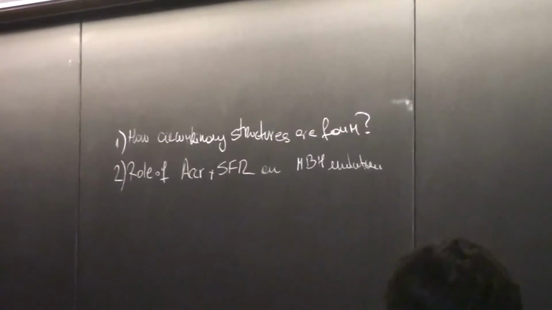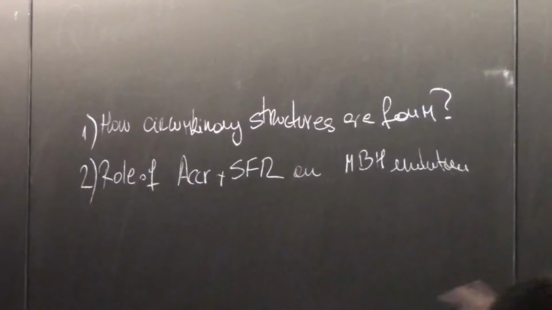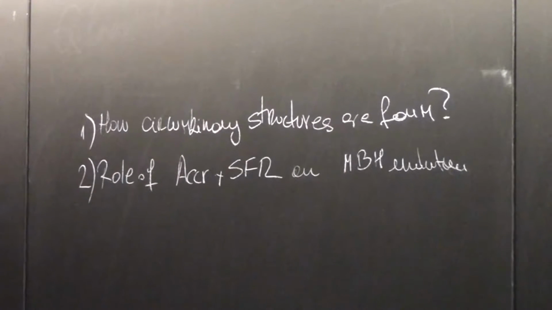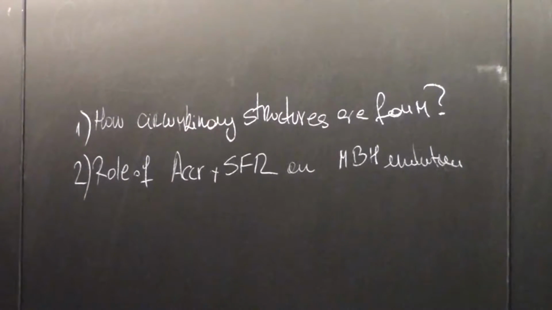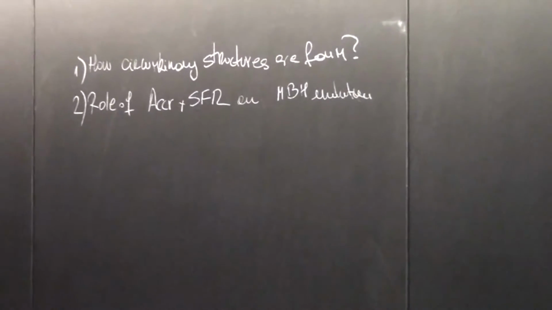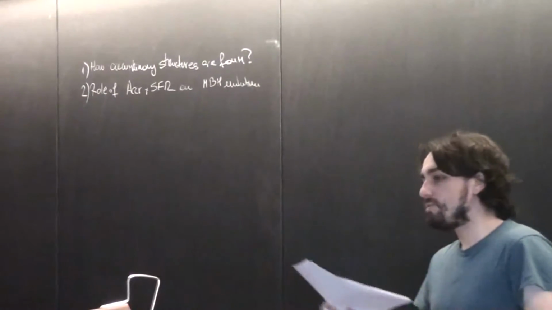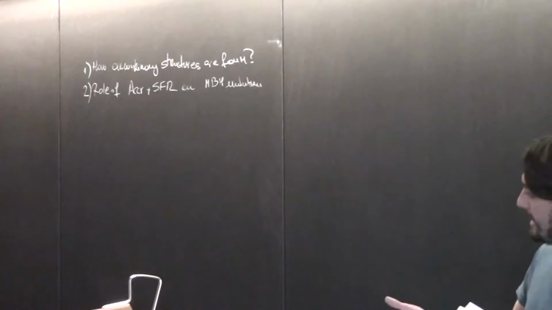So the first one, I don't have a title yet. That's how the project is. This is related to the formation of circumbinary structures. I don't say disk because we don't know yet which kind of structures will form. You all know the story that when we have galaxy mergers, we think there are massive black holes in the galaxies.